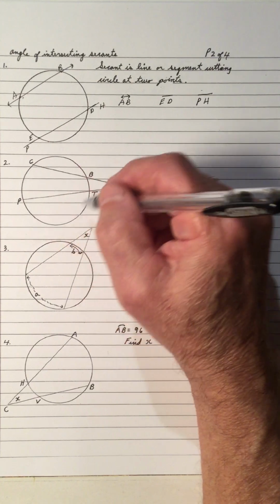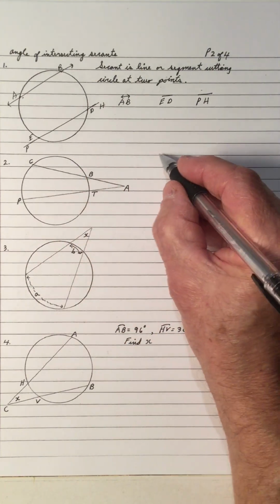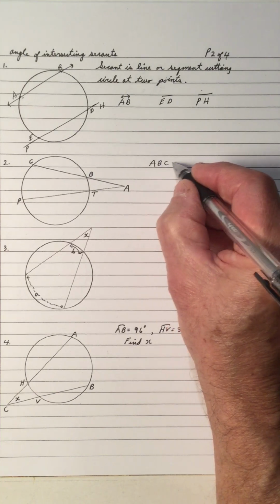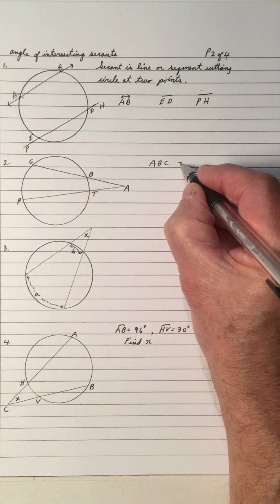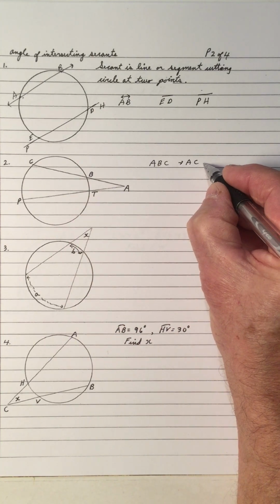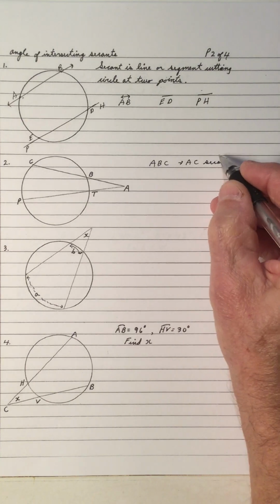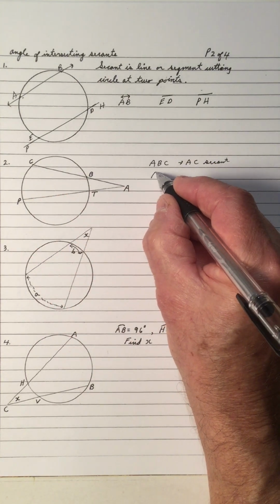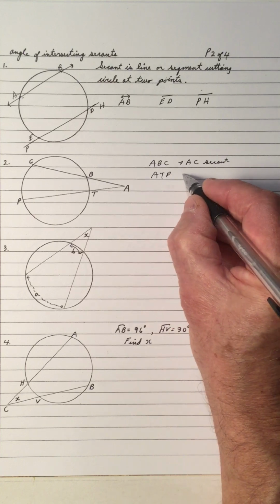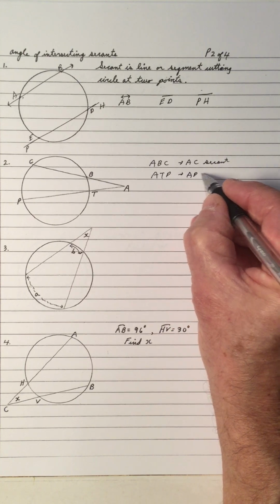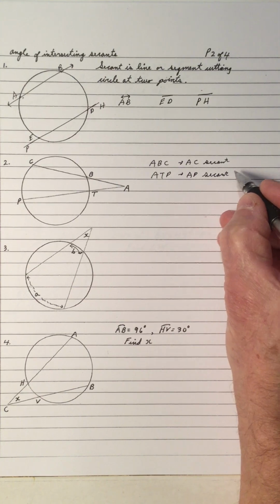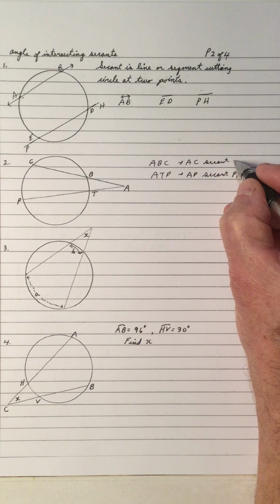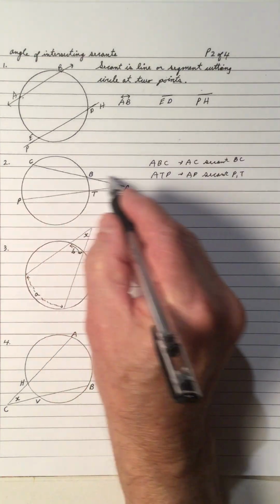Okay, now we have another diagram. So we have A, B, C, that's segment A, B, C. So that means that we have AC is a secant, and it cuts the circle at B and C. We could also have ATP, and we would say that AP is a secant, and it's cutting the circle at P and T. And this secant cuts the circle at B and C. So these are segments.